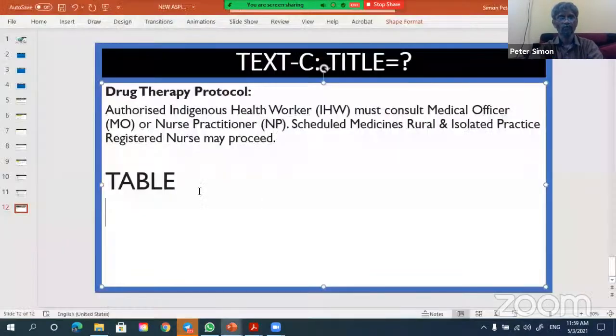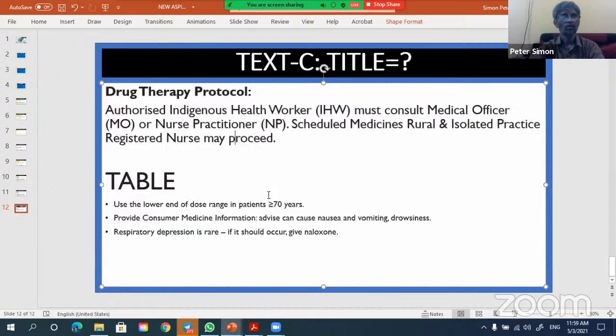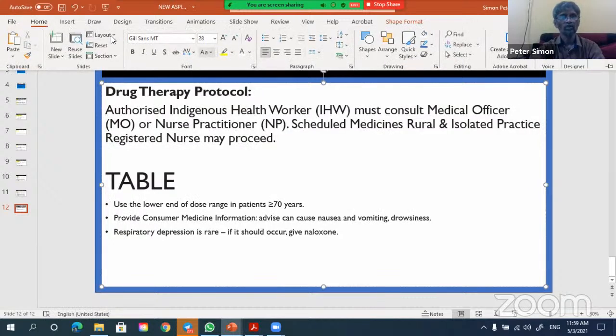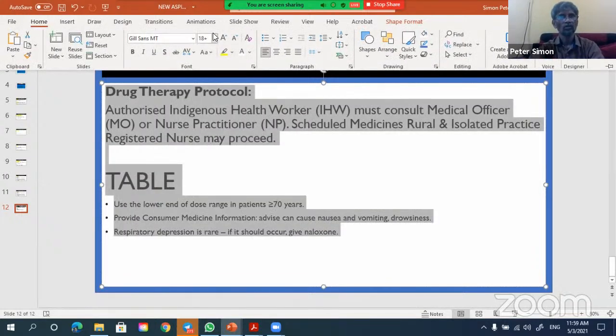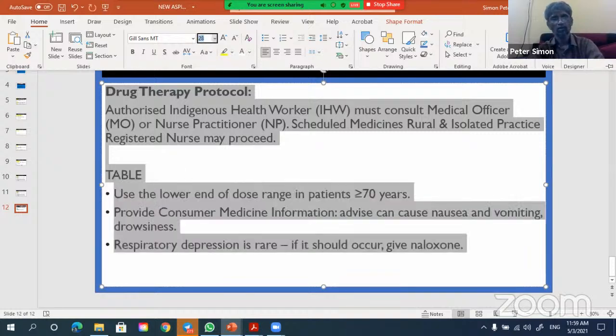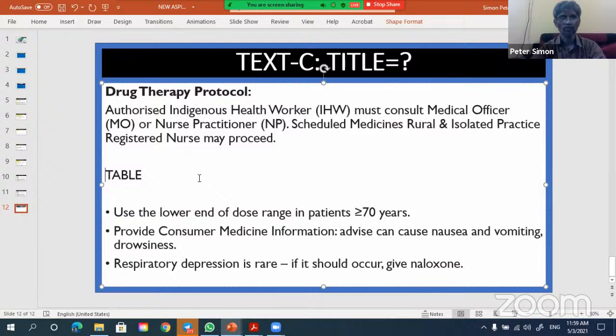Copy. Okay. Right, so this is home 28. Okay, fine. So this table, we can put it in the middle.